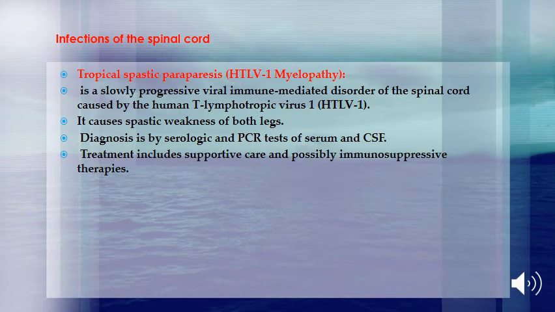Tropical spastic paraparesis, or HTLV1 myelopathy, is a slowly progressive viral immune-mediated disorder of the spinal cord caused by the HTLV1 virus. It causes spastic weakness of both legs, the diagnosis is by PCR test of the serum and the CSF, and the treatment is supportive care, possibly with immunosuppressive drugs.